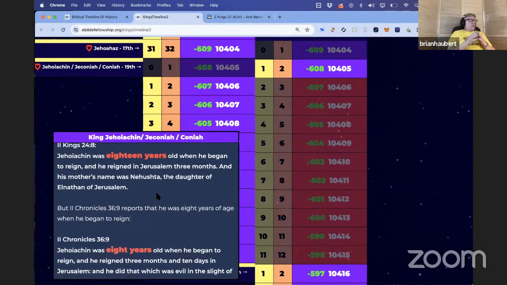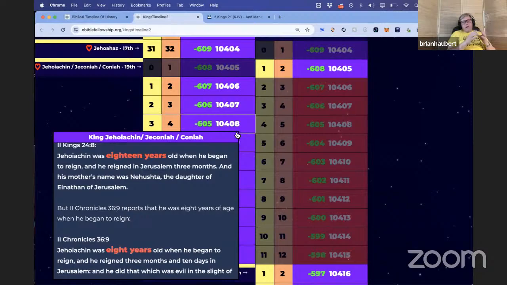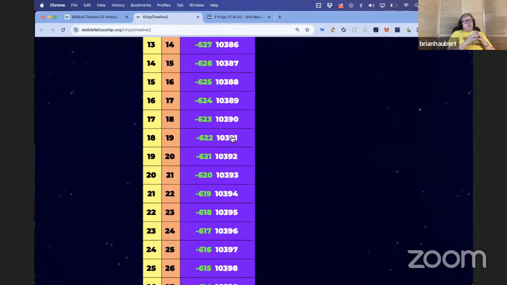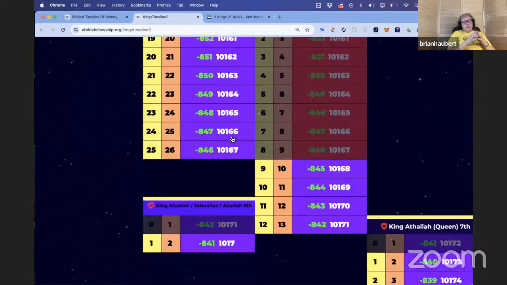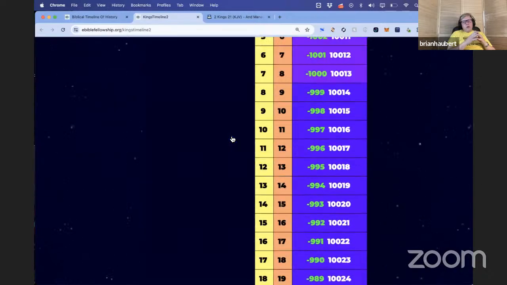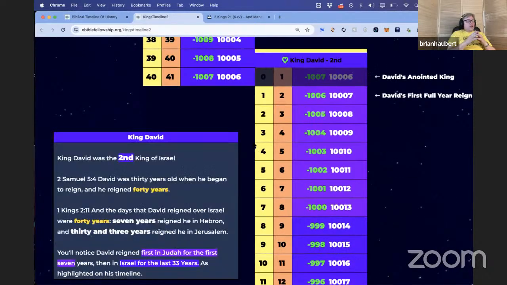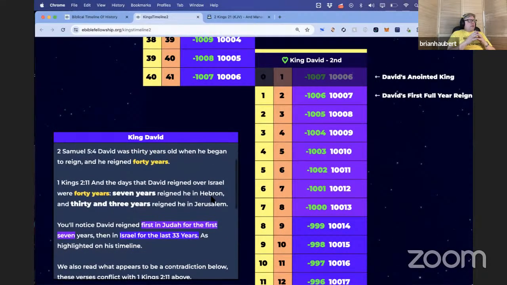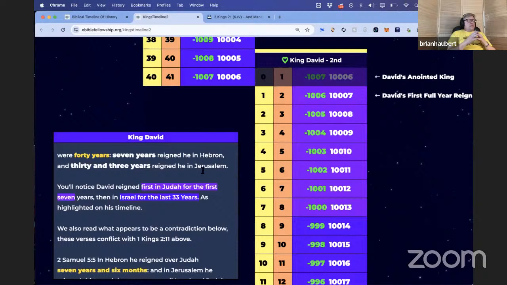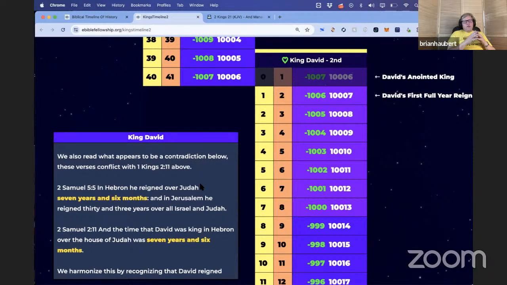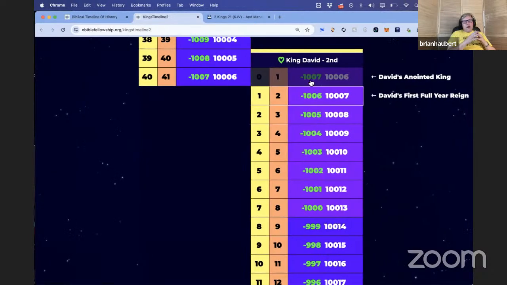Now we see a similar situation, if you recall, with David, where there's one verse that said that he reigned 7 years in Hebron, and there's another verse that says that he reigned 7 years and 6 months in Hebron. And so I believe that the way we can understand this is that David reigned 6 non-accession months in Hebron, and then he reigned 7 accession years in Hebron.